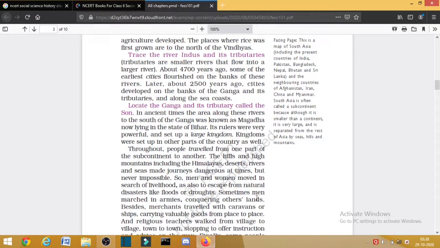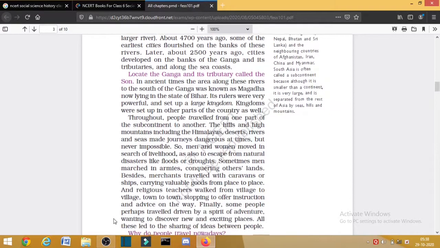Sometimes men marched in armies. Sometimes people used to go in groups, conquering others' lands. Besides, merchants traveled with caravans or ships carrying valuable goods from place to place.